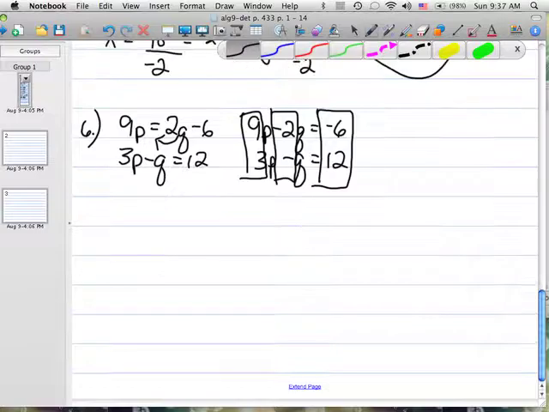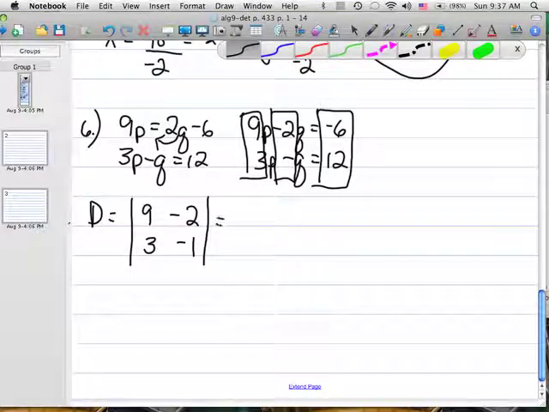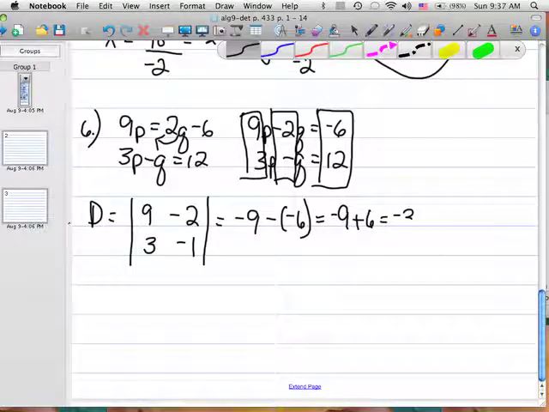So starting out with the matrix for the coefficients, I have 9, 3, negative 2, negative 1. Doing the multiplication, I get negative 9 minus a negative 6, which is negative 9 plus 6, so that's negative 3.